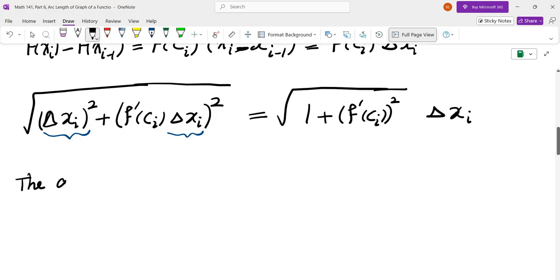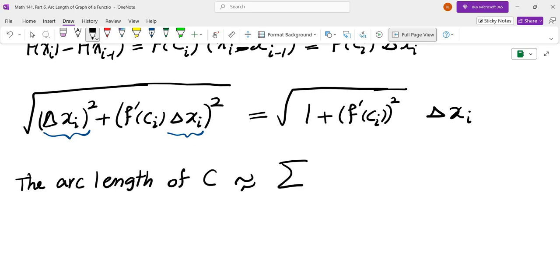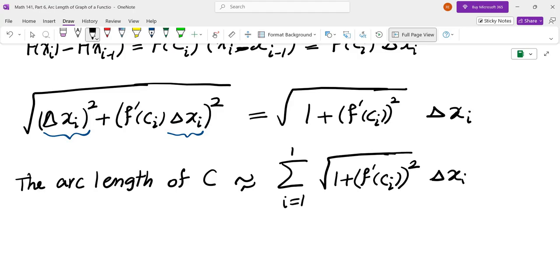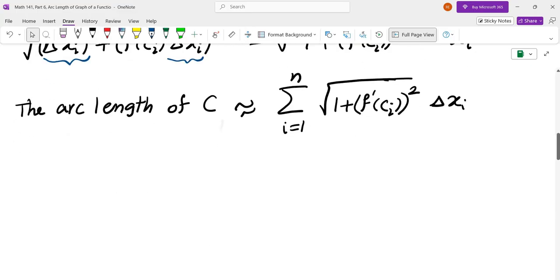So the arc length of C is approximately the sum of these quantities, square root of 1 plus f prime of ci squared, times delta xi, i equals 1 to n, which is a Riemann sum.